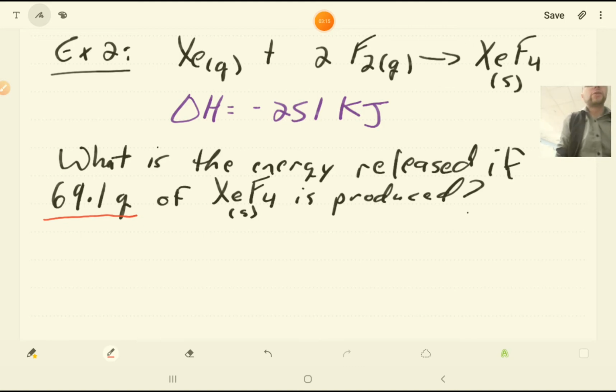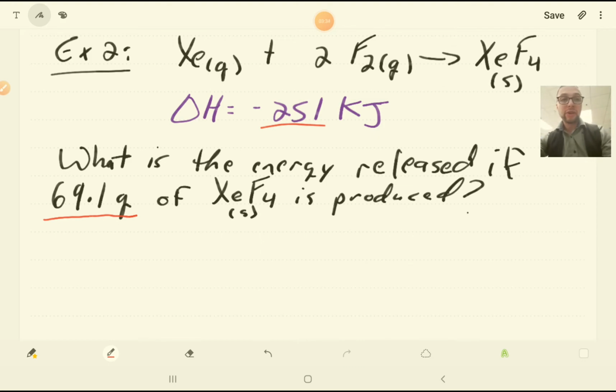Okay, let's do another one here. So we've got xenon gas combined with 2 moles of fluorine gas gives you xenon tetrafluoride. And of course, it's going to release negative 251 kilojoules. So what is the energy released if 69.1 grams of xenon tetrafluoride is produced?